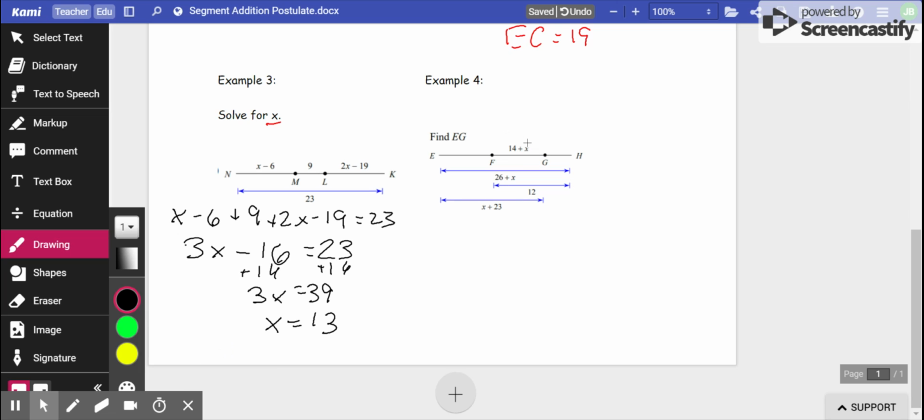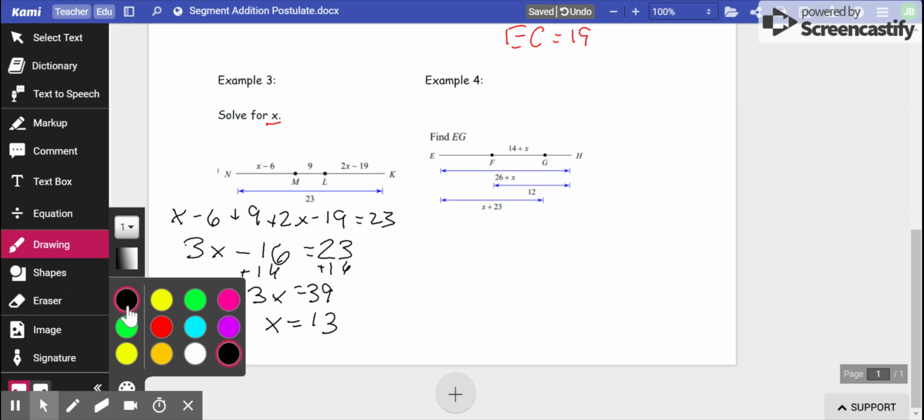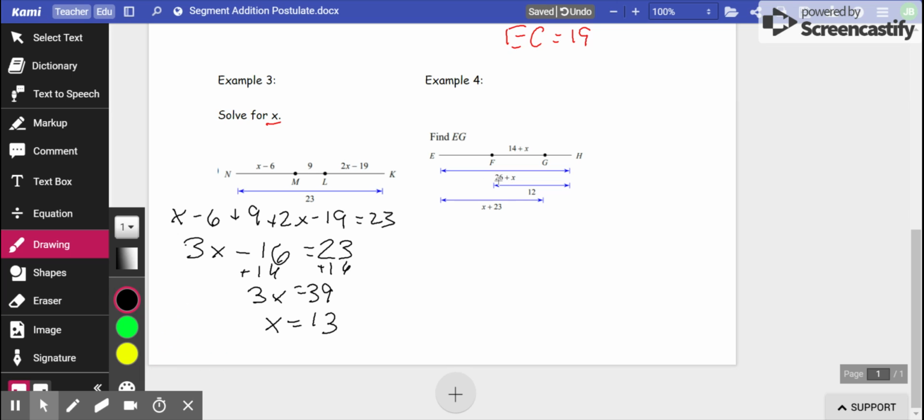The last one's a little bit confusing because there are segments that are overlapping that give me the 14 plus x. So that's going to be critical as I solve this problem. First of all, I want to figure out what adds up and what gives me the total solution. Now, if you notice, the 26 plus x gives me the full length of the whole segment.